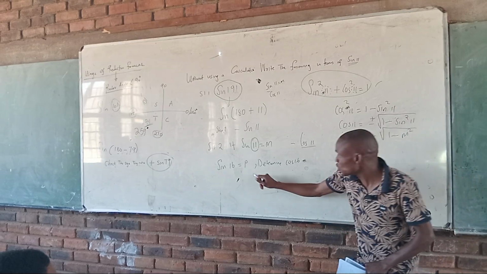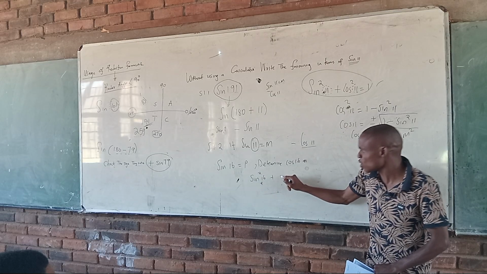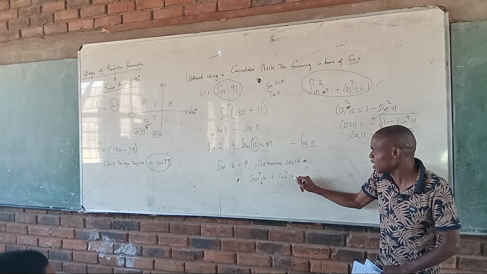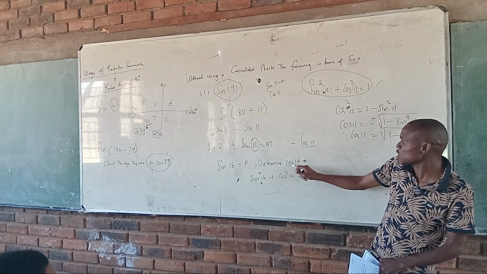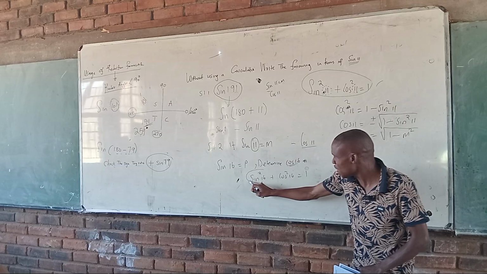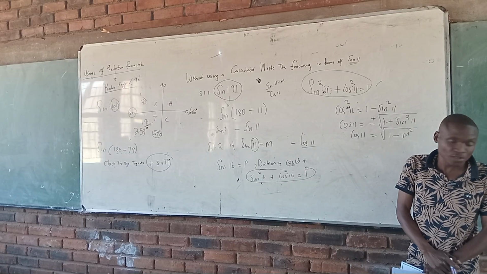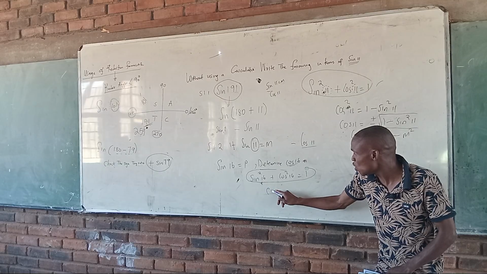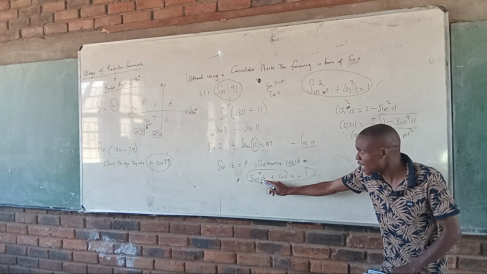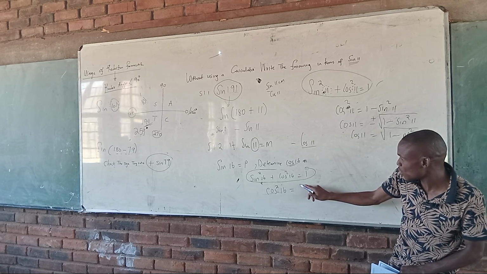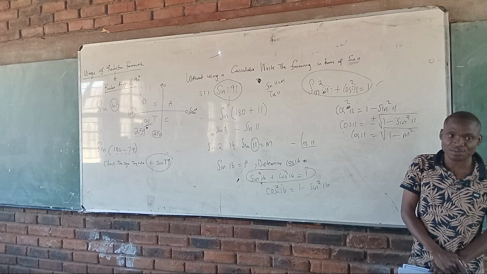You just say sine squared 16 plus cos squared 16 is 1. Then, because you are looking for cos 16, you have to make it the subject of the formula. You are going to commence by saying cos squared 16 equals, you take sine squared 16 to the right, 1 minus sine squared 16.